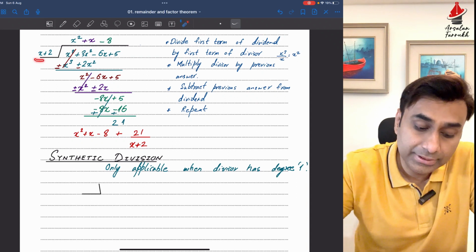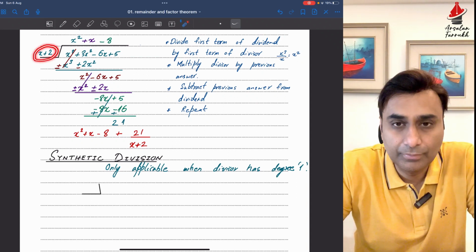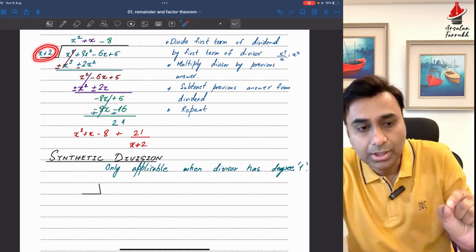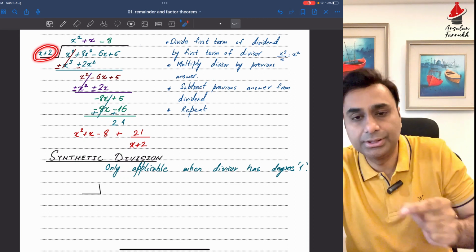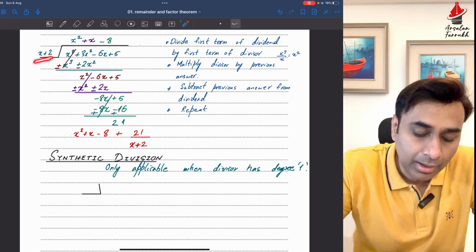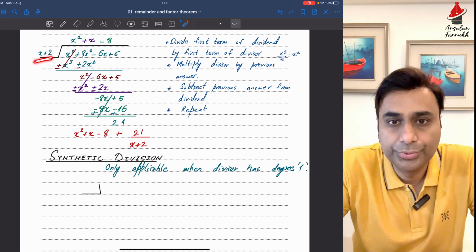Now, how do you go about synthetic division? First of all, whatever is the divisor, let me just also explain this to you, this is just an algorithm which does this entire thing directly in one step. So first of all, you equate the divisor to 0.